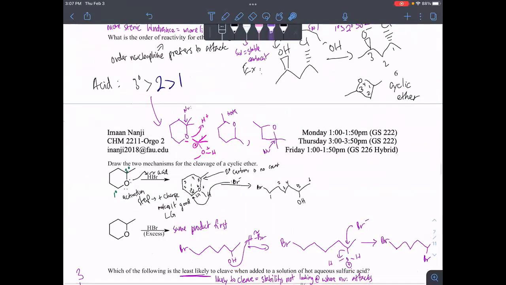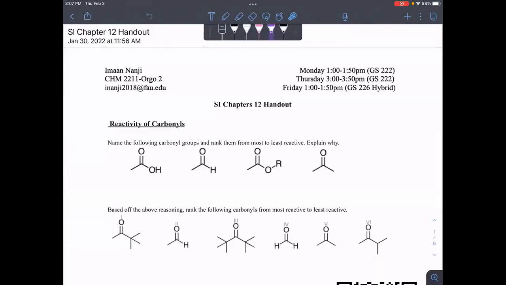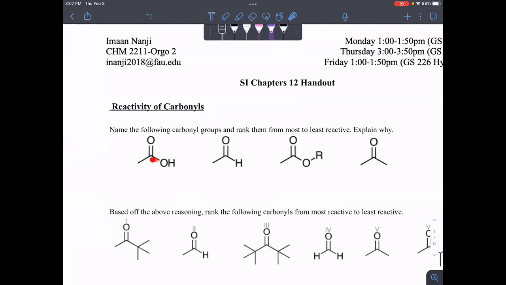But anyways, we started chapter 12 in class, so we'll start chapter 12 now. So chapter 12 is just redox reactions. And besides redox reactions, the entire core concept of this whole chapter is just nucleophilic addition to a carbonyl. So here we have a carbonyl.